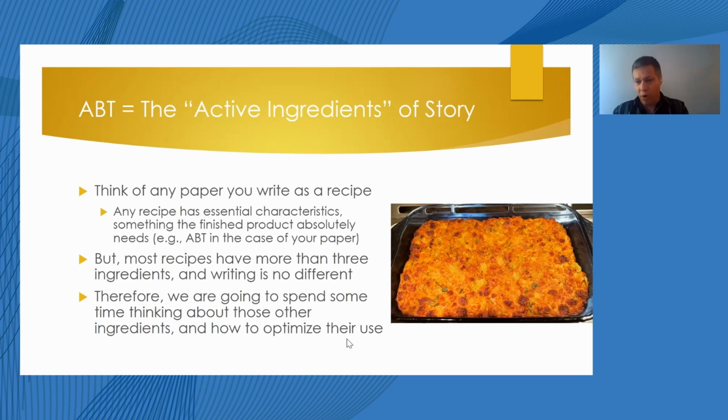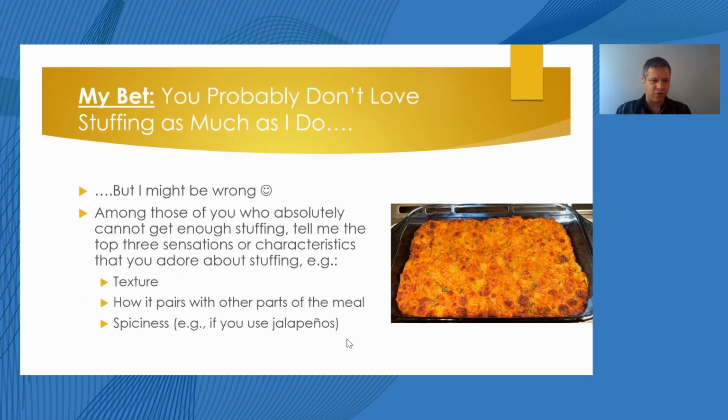The other ingredients are designed to support those 3 essential things. So we're going to spend a lot of time on the other ingredients, the stuff that supports the ABT framework, this narrative structure.